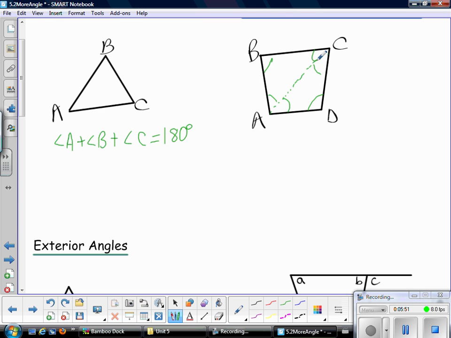So that's why when I add them together, I end up with 360. So we know that angle A plus angle B plus angle C plus angle D equals 360 degrees.